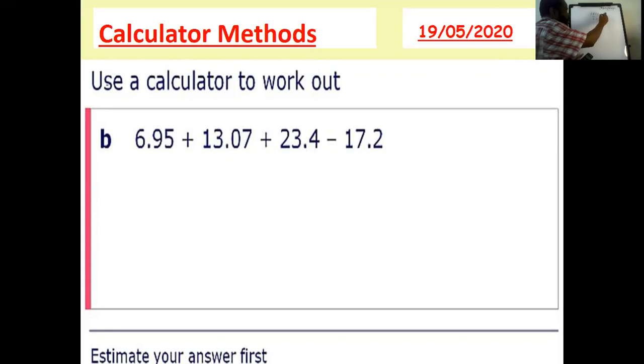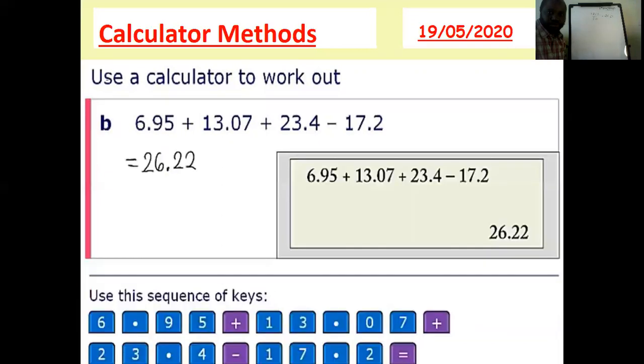And the final answer should be 26.22. And the sequencing of what you type in is given below the screen.